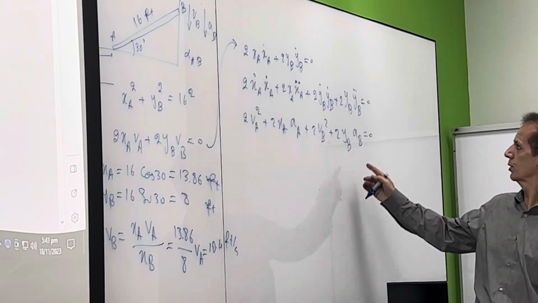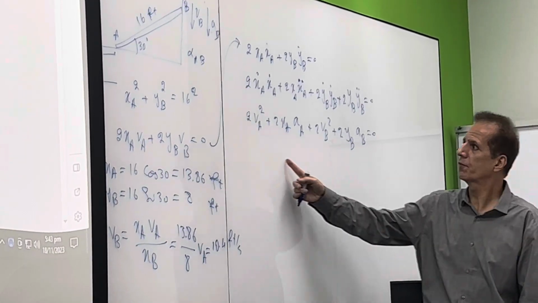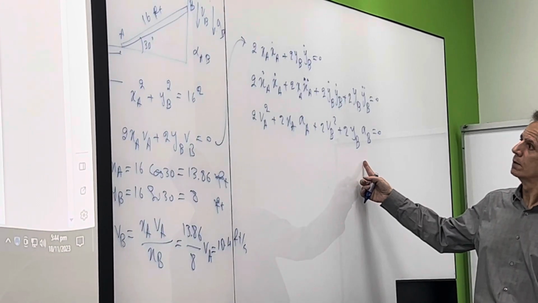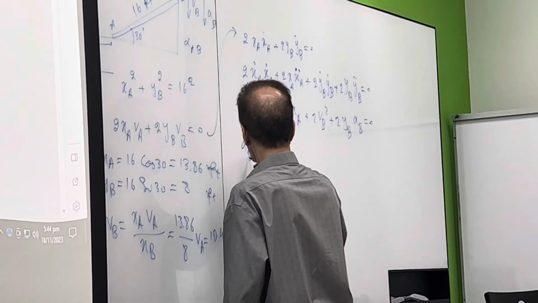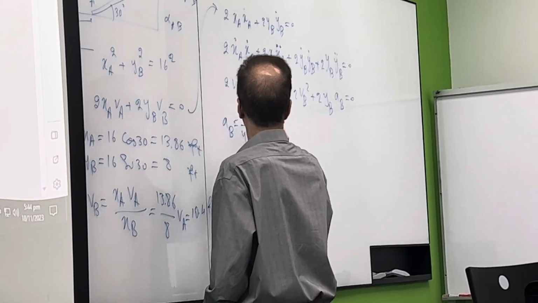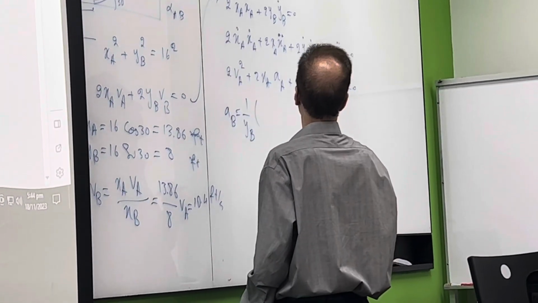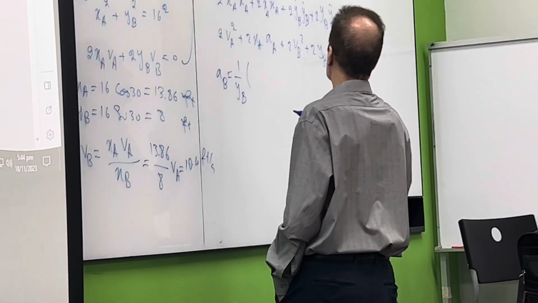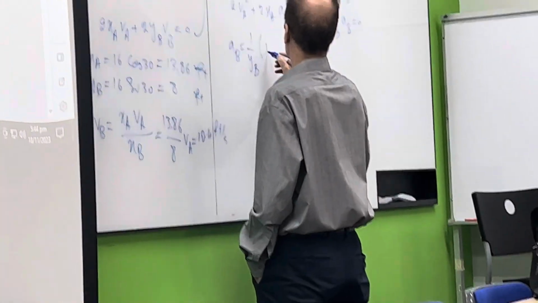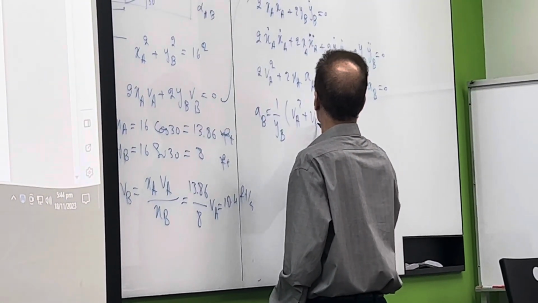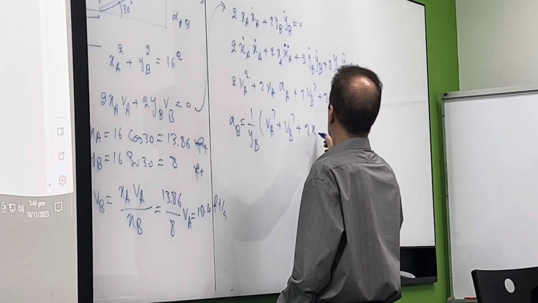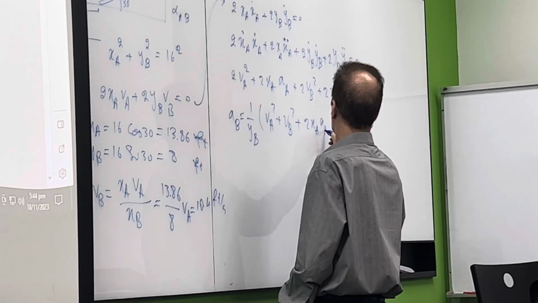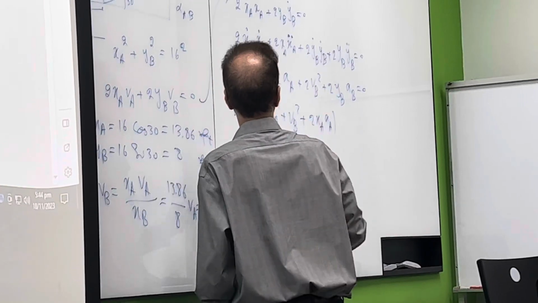What am I looking for? I'm looking for AB. What do I have? I have everything. So AB is equal to 1 over YB times VA squared plus VB squared plus XA AA. There is a negative somewhere, which is not important.